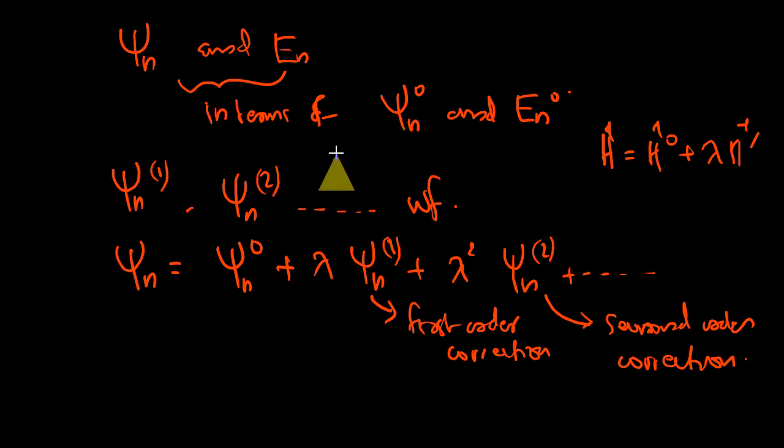Psi n1, psi n2, etc. are the correction terms, and these correction terms will be added to the wave function of the unperturbed system. We will do the same for the energy also. If we are determining the correction terms for energy like En1, then En2, these are the correction terms for energy.